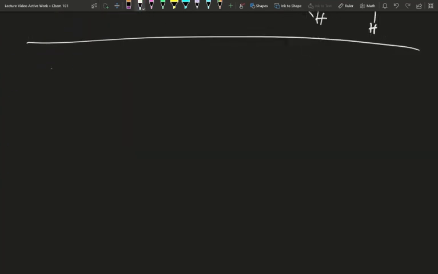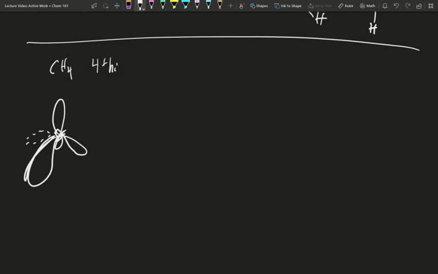Let's look at a few other ones real quick. CH4 was tetrahedral. It has 4 things around it. And so we would say, well, if you got 4 things and you got to spread out tetrahedrally, well, that takes 4 orbitals to do. So 4 things around my center is an sp3 carbon. My carbon is sp3 hybridized. If I have NH3, that was a nitrogen with a lone pair, hydrogen, hydrogen, hydrogen.